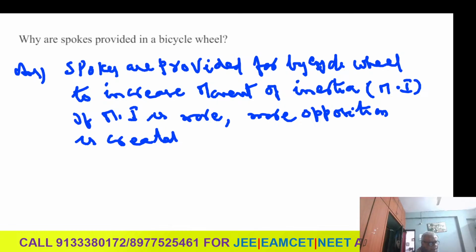To increase moment of inertia, more opposition is created.